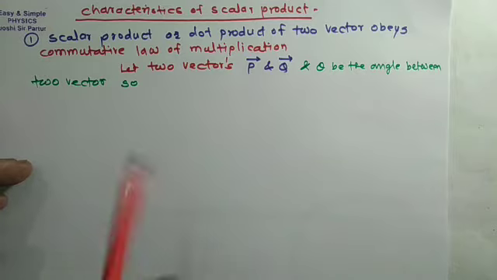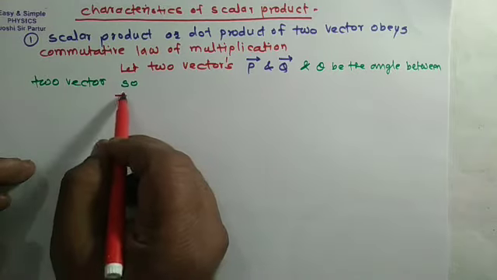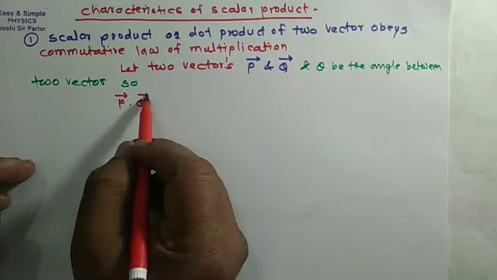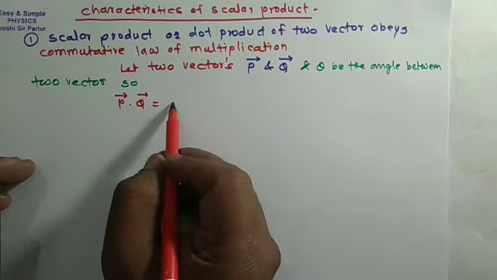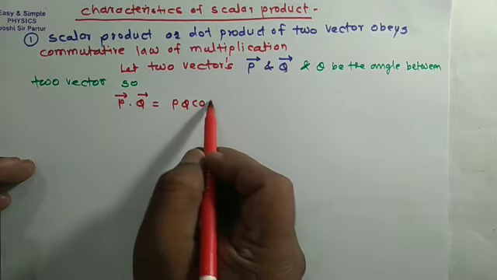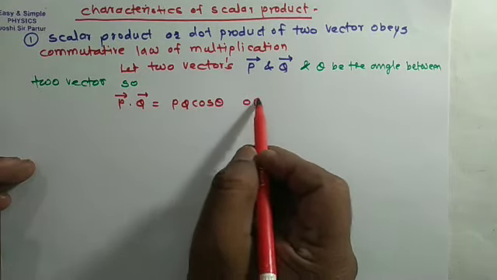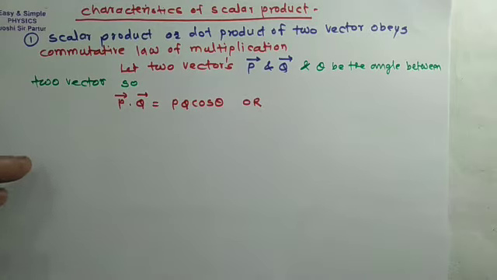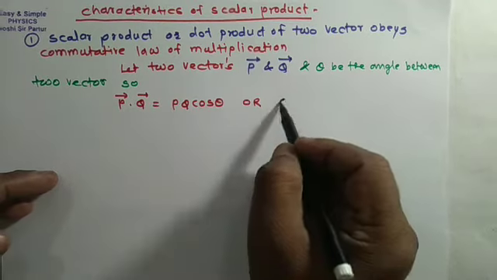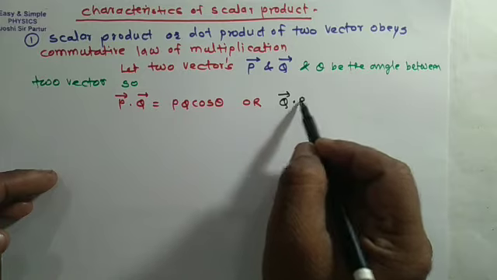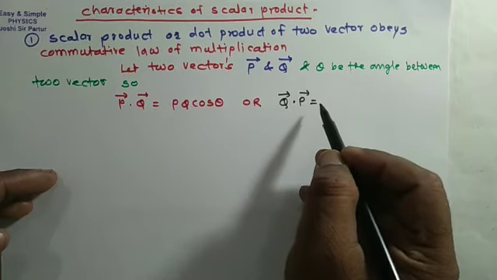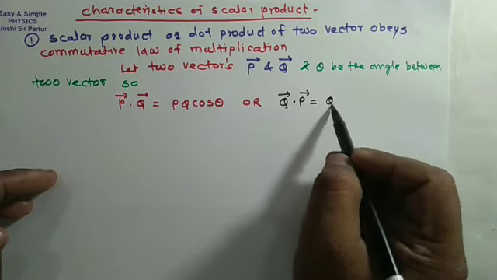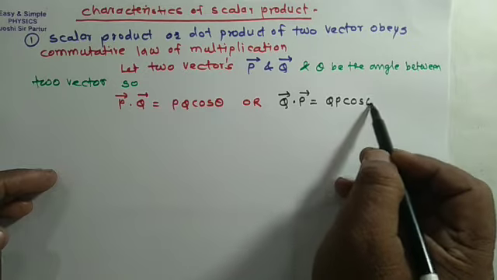We can define vector P dot vector Q is equal to PQ cos theta, or vector Q dot vector P is equal to QP cos theta.